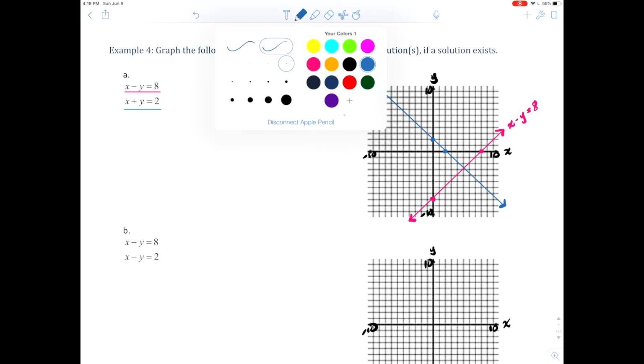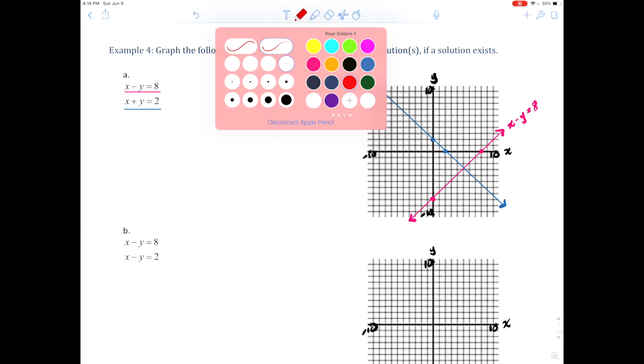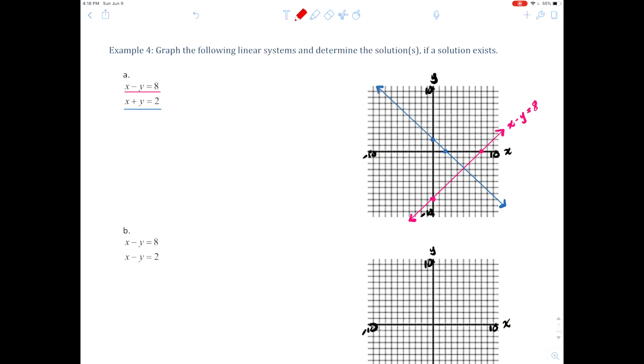They meet exactly at one ordered pair, and this ordered pair that they meet at is what? Beautiful. The ordered pair 5, -3. So that is how you'd solve it by graphing.